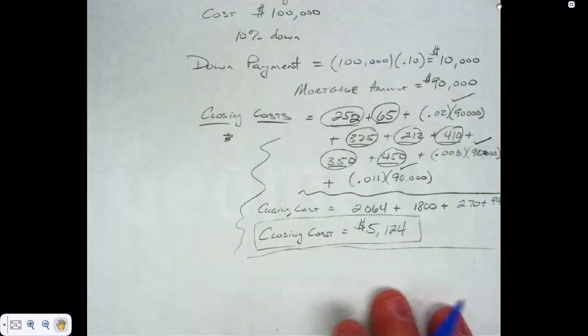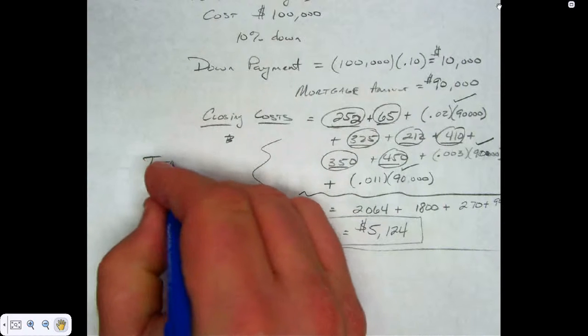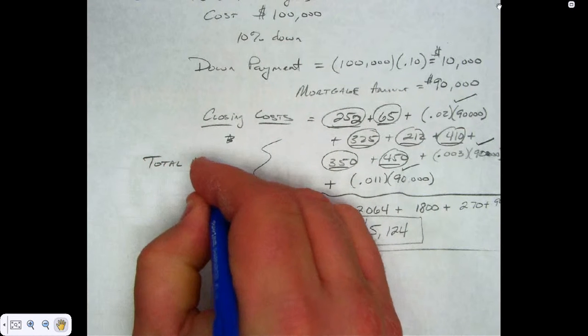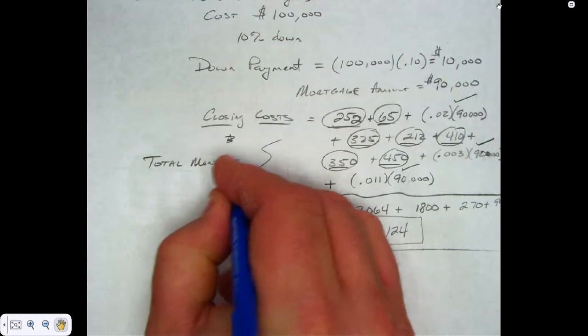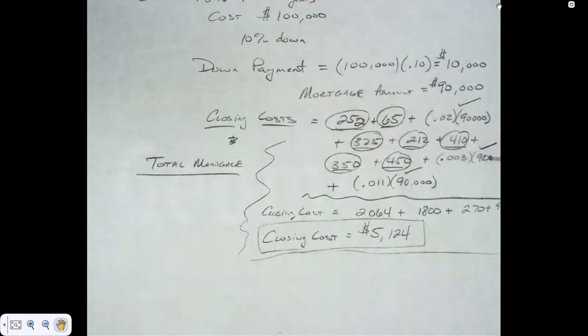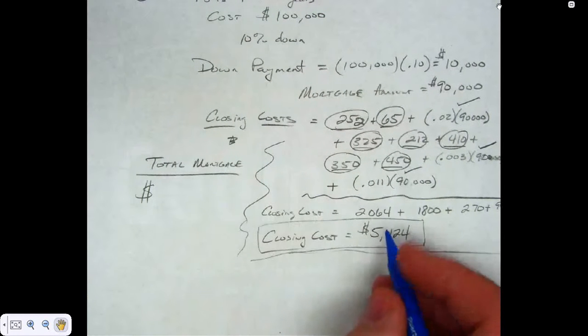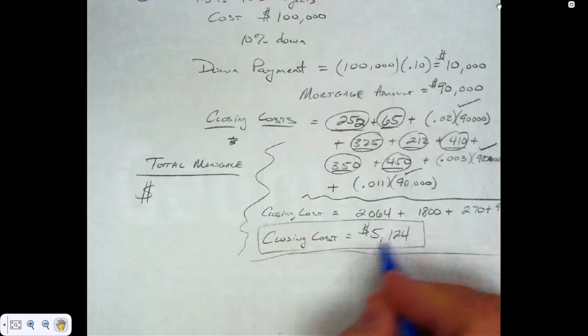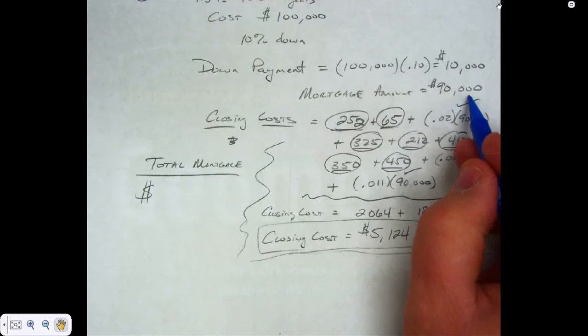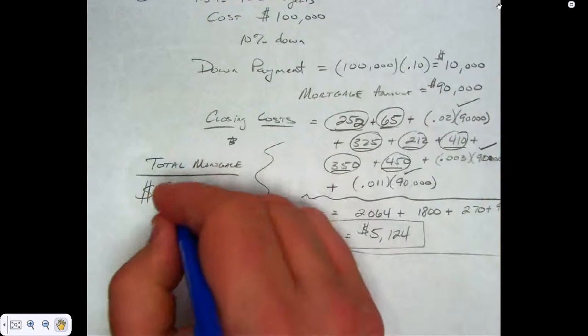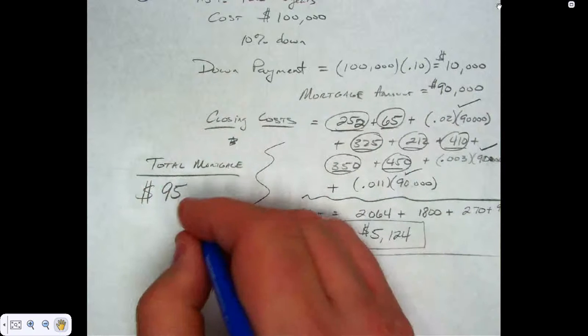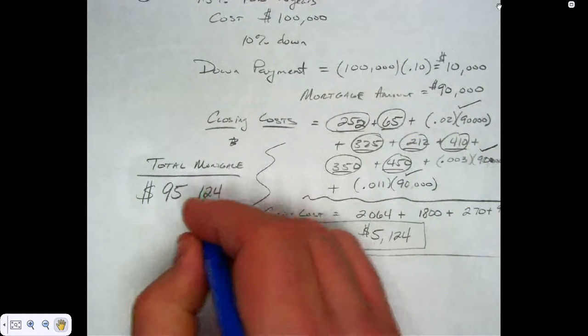Now, what is your total mortgage? Well, they said we could mortgage the closing cost, didn't we? So you're actually borrowing how much money? You've got to add these closing costs to what? 90,000. So the total would be $95,124.